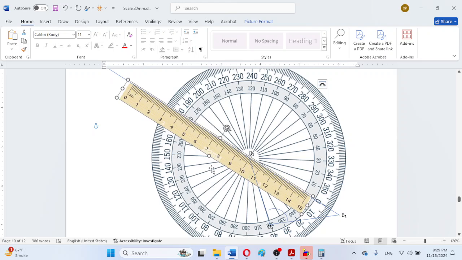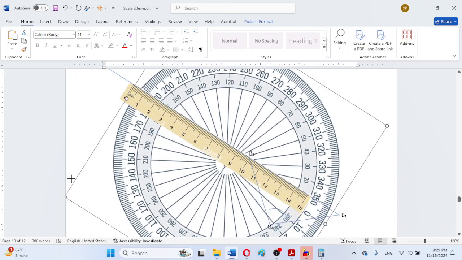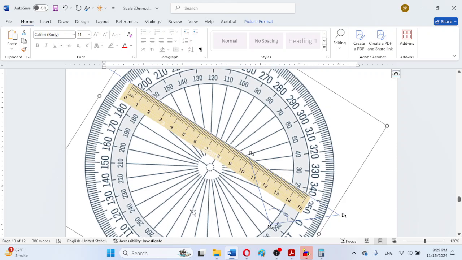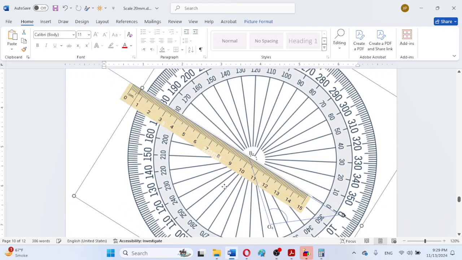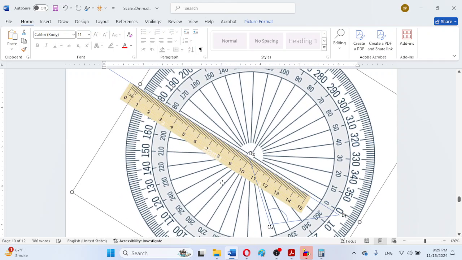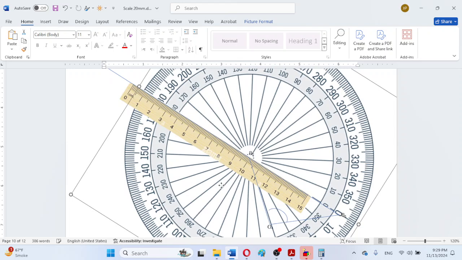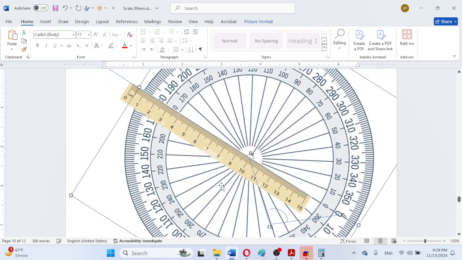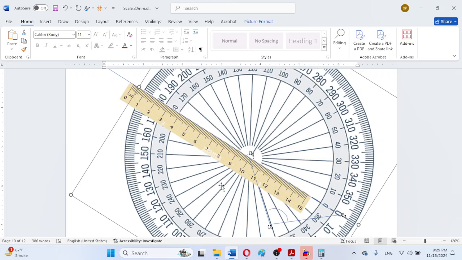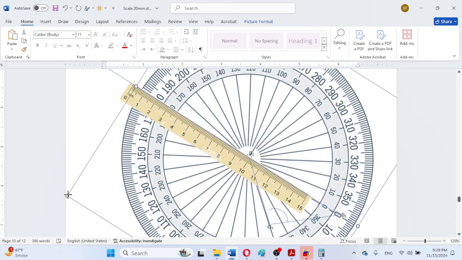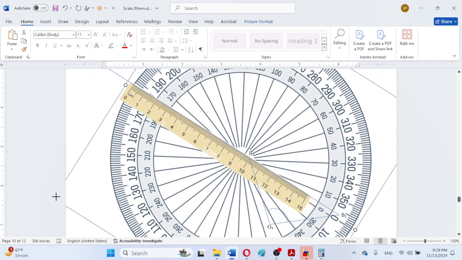like this. So now we can again resize, and again that requires further extension to 10 centimeter.